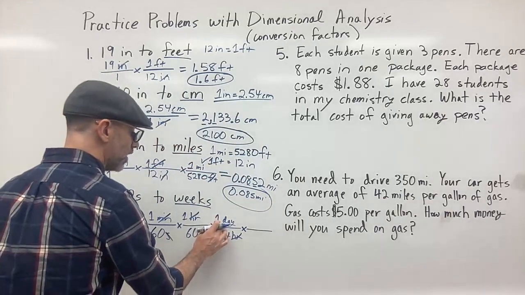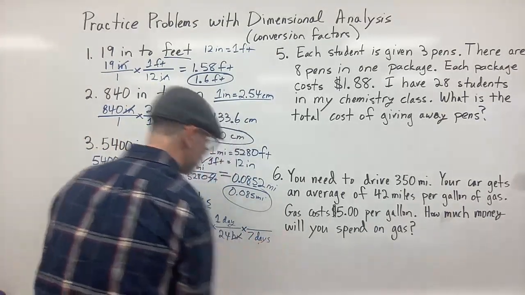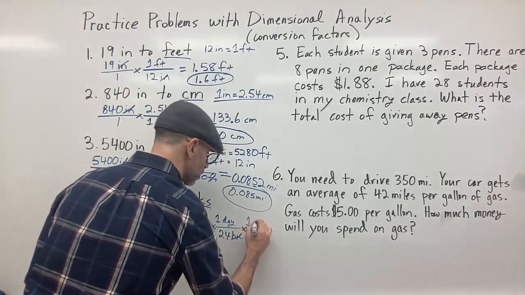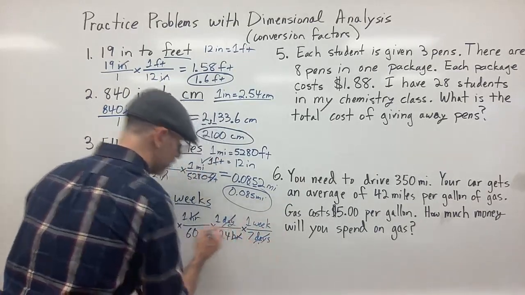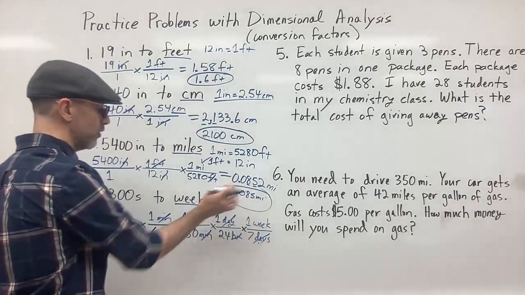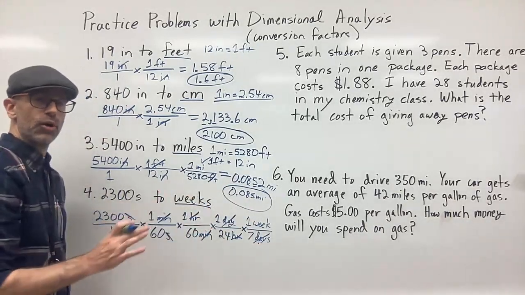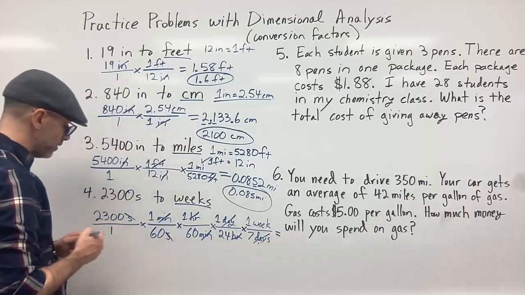So days are on top, so I'm going to put 7 days on the bottom. So days will cancel out. And 1 week goes on top. Now I have weeks. Weeks is what they want. I'm done, so no more conversion factors. All I need to do now is multiply and divide.